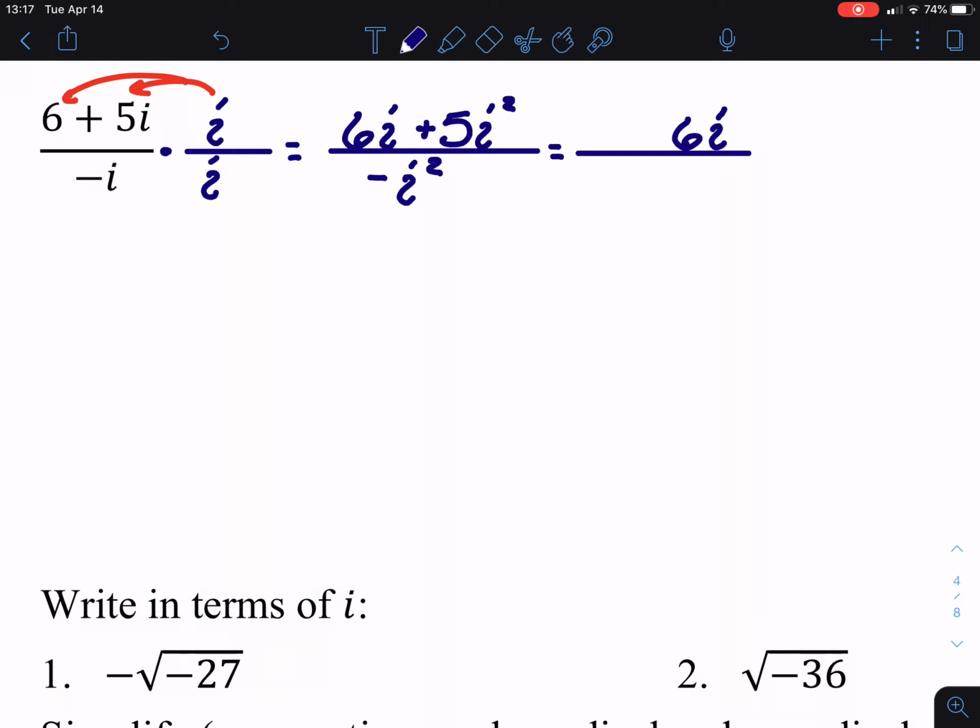And then the 5i squared, remember i squared is -1, that just becomes -5. So the numerator becomes -5 plus 6i. And in the denominator, i squared is -1, and the negative of -1 is +1. So my solution here is just -5 plus 6i.